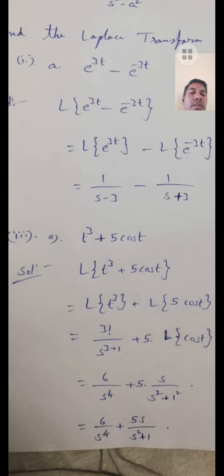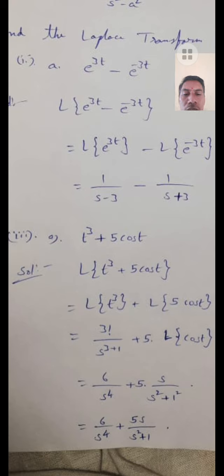That is Laplace transformation of t power 3 plus Laplace transformation of 5 into cos t, which equals 3 factorial by s power 3 plus 1 plus 5, taken common because it is a constant multiplying with cos t, so we can write it outside, into Laplace transformation of cos t.